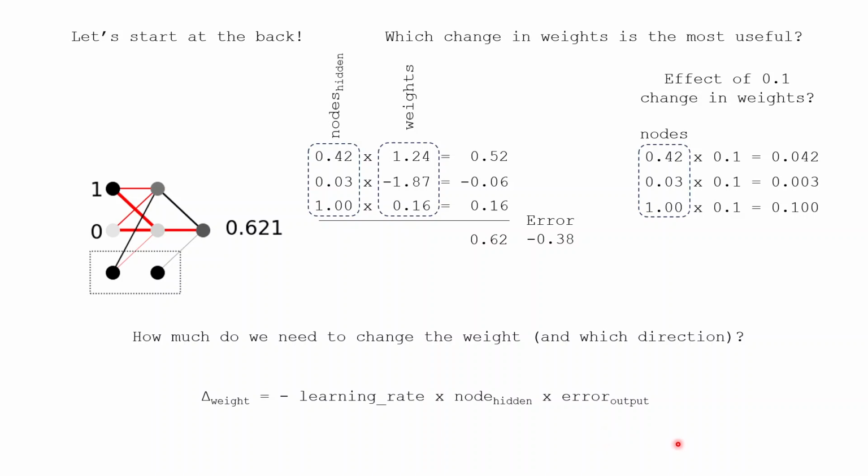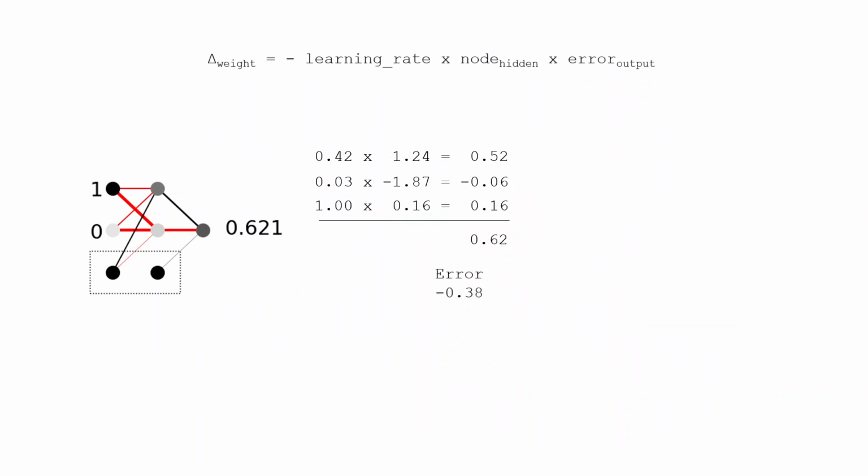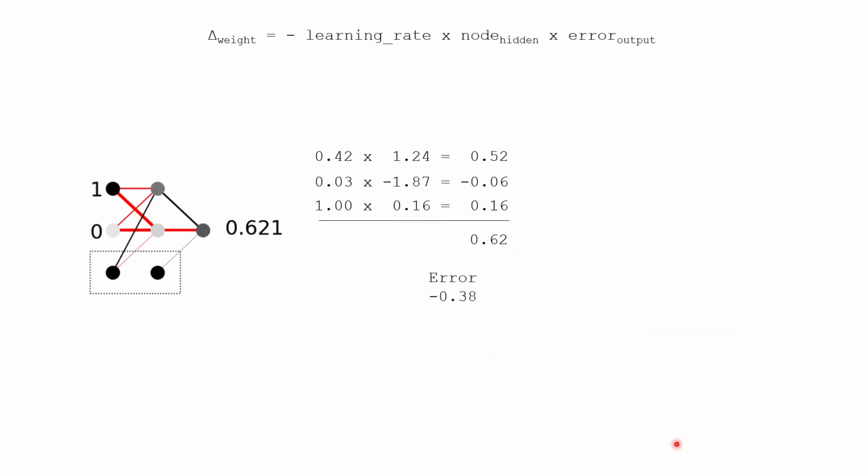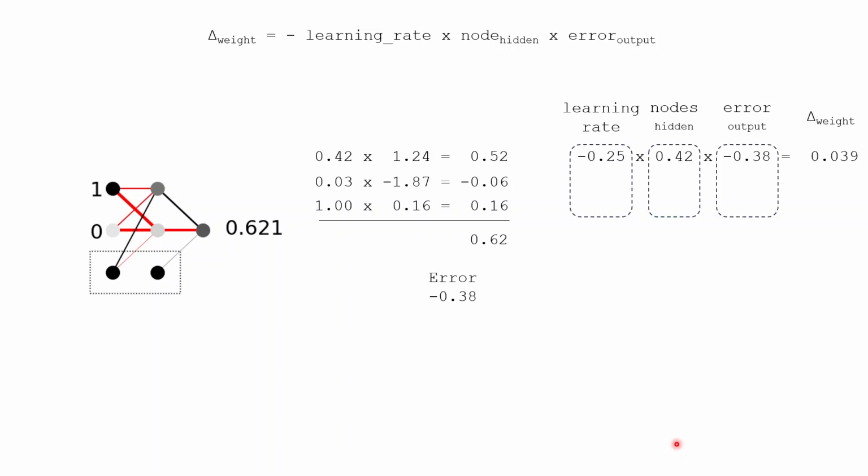Okay, let's apply this rule. So let's put it at the top, and let's apply this rule in this case. So we have the learning rate, then we have the output of the hidden nodes, we have the error output, and this combination should result in a delta weight. So a change in the weight.